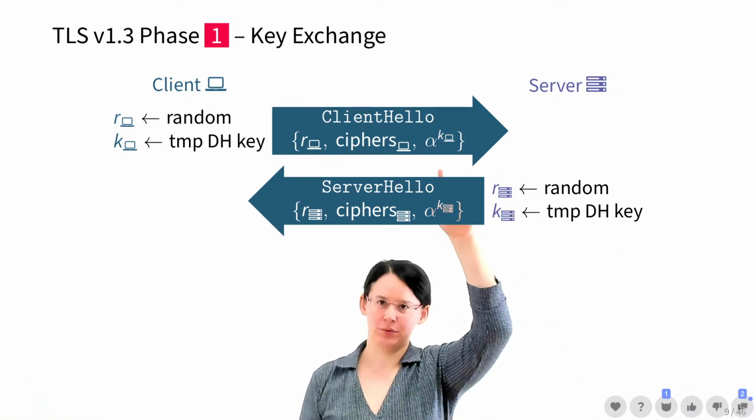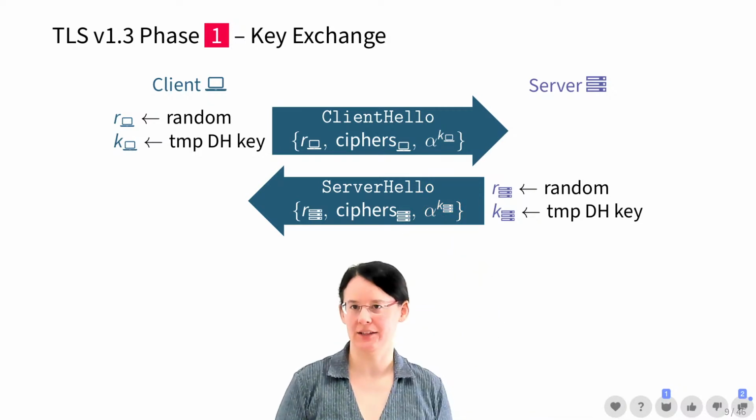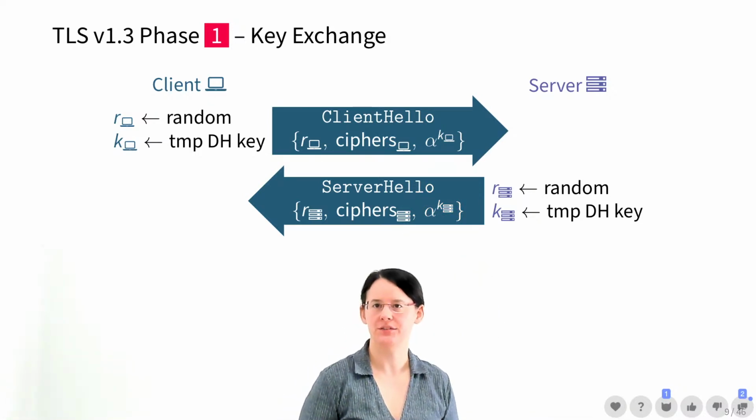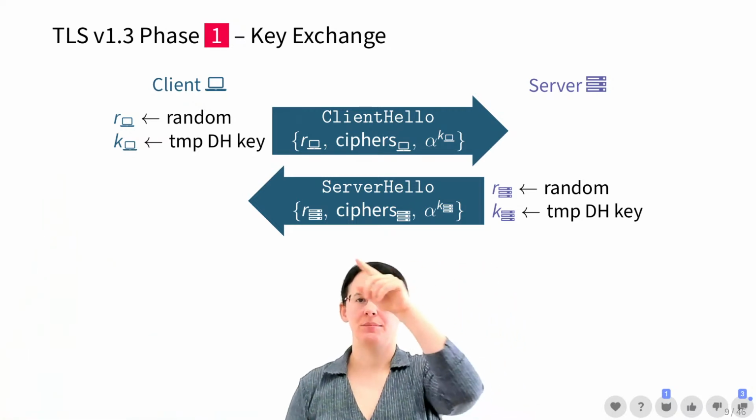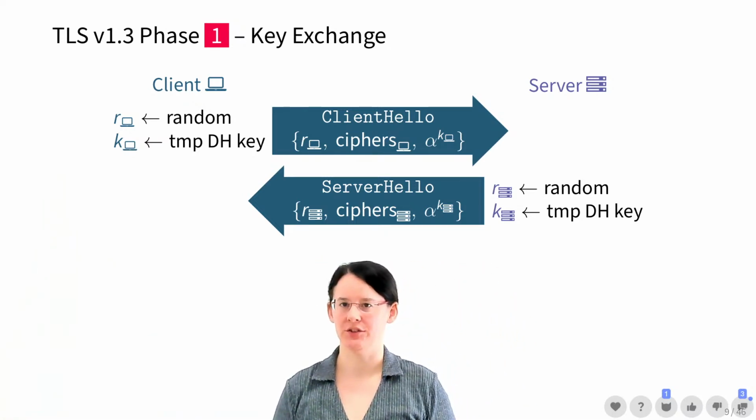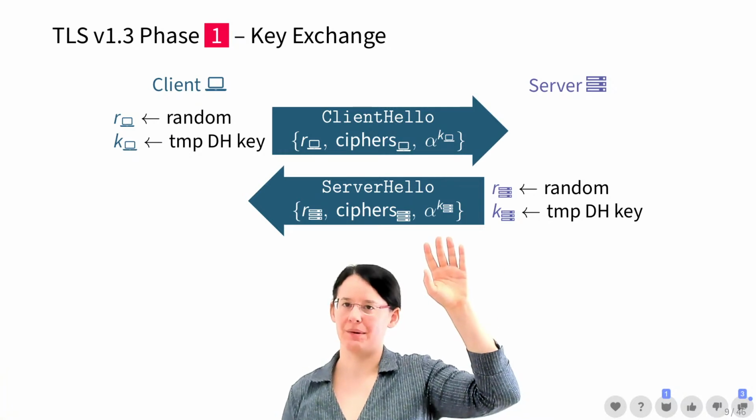And the server picks whichever of the public keys it likes best, so whatever its preferences regarding the Diffie-Hellman variant are, and sends back a very similar server hello message, where it also says, okay, this is my public key.